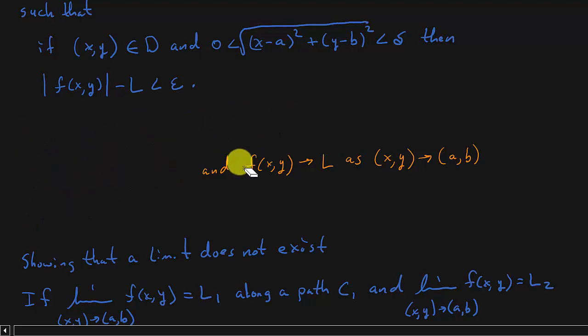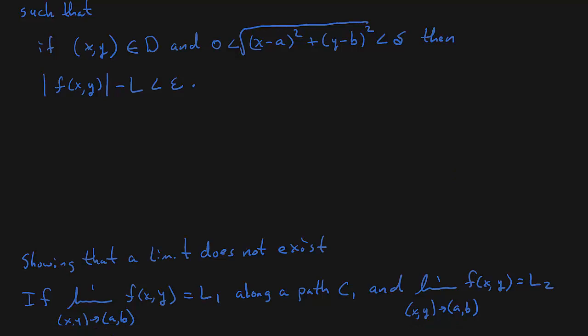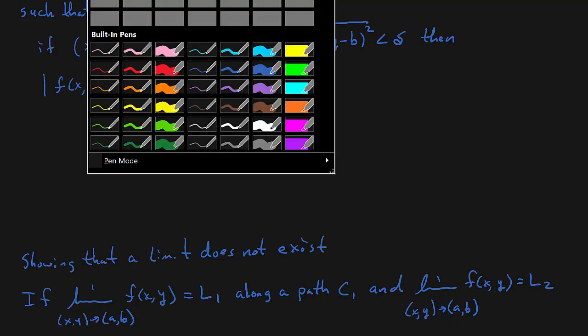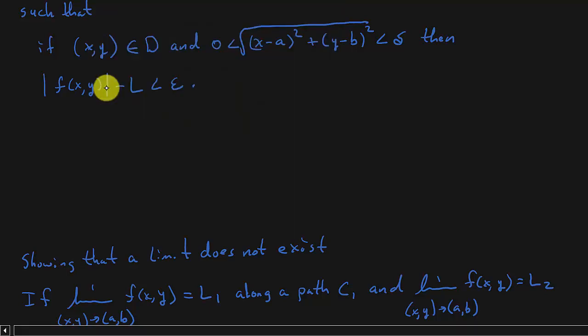I want to give you a graphical representation of what we were talking about there. So let's look at a drawing. If I've got x, y, and I've got some point here, this is some point (a, b).